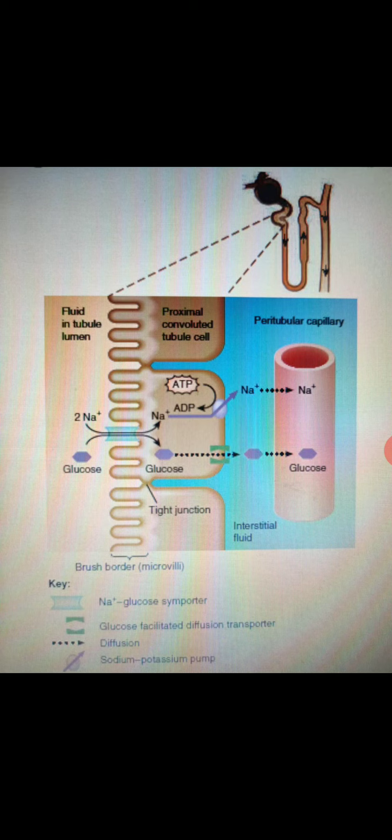In the figure, you can see the operation of one such symporter, the sodium-glucose symporter, in the apical membrane of a cell in the PCT. Two sodium ions and a molecule of glucose attach to the symporter protein, which carries them from tubular fluid into the tubular cell.